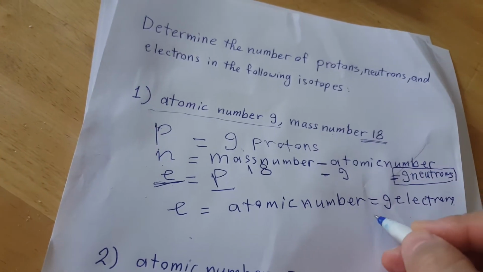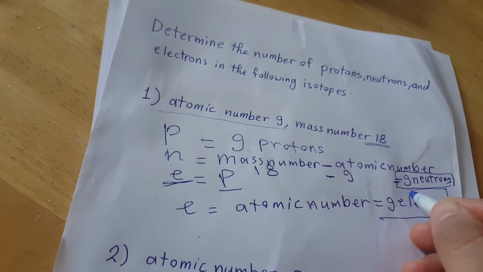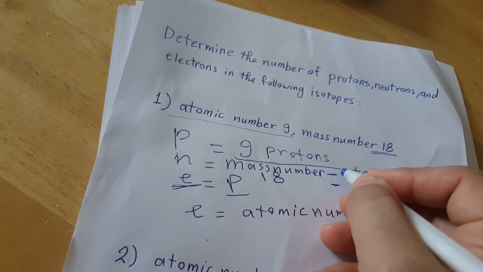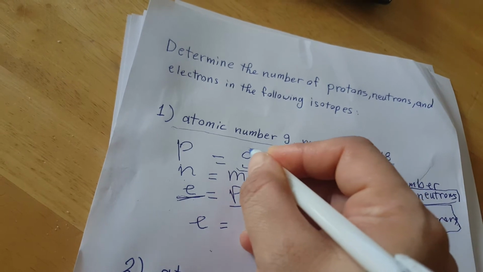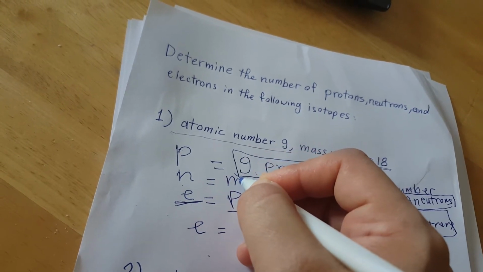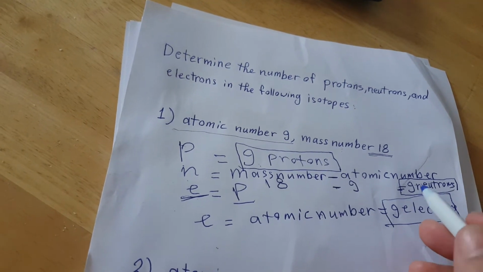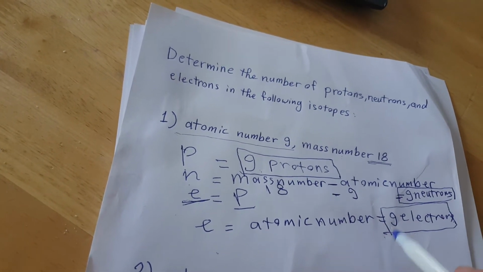That's it. So we found that this atom has 9 protons, 9 neutrons, and 9 electrons.